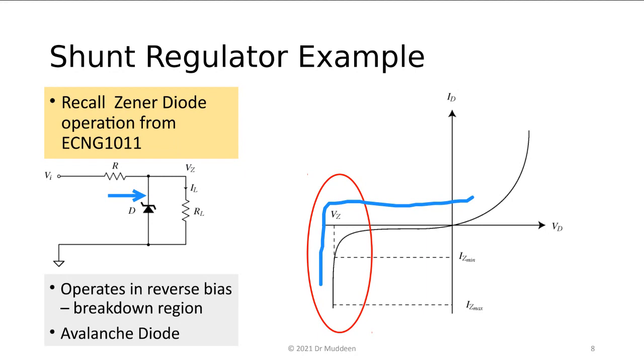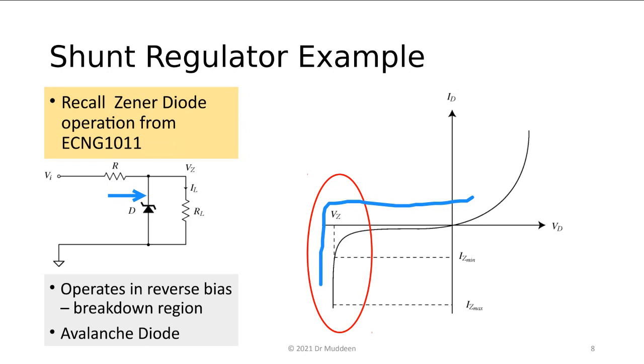We operate that in the reverse bias, and it's called the breakdown region for the diode, but it's designed to work in that way. There's another name for it that you may have come across, which is the avalanche diode. Avalanches are sudden snowfalls in the mountains and so on. It's the same thing. The current is going here, and then it suddenly avalanches in a way that keeps the voltage across the Zener diode constant.